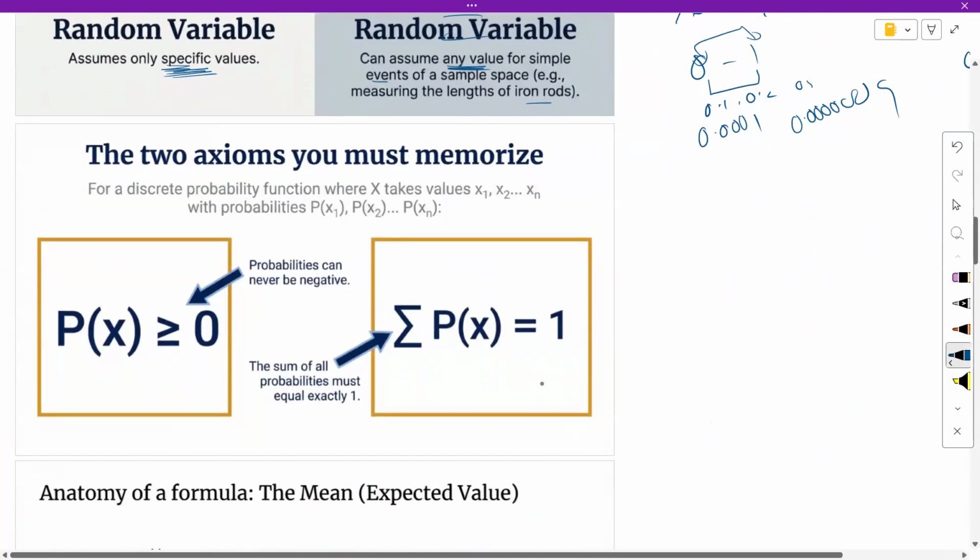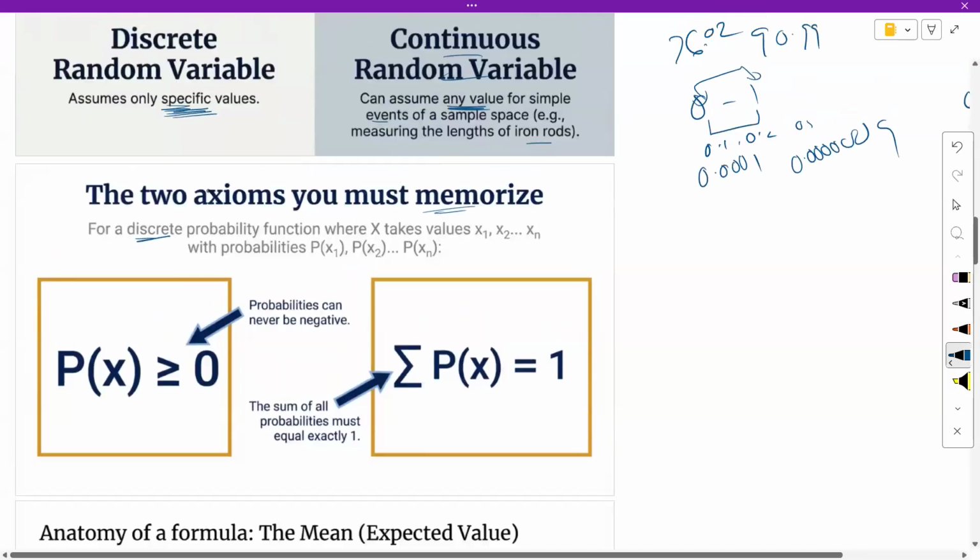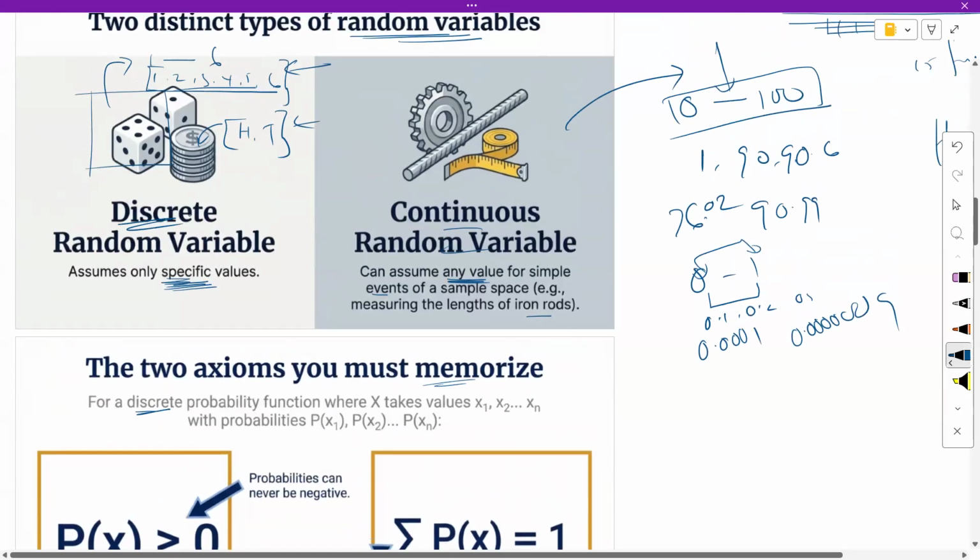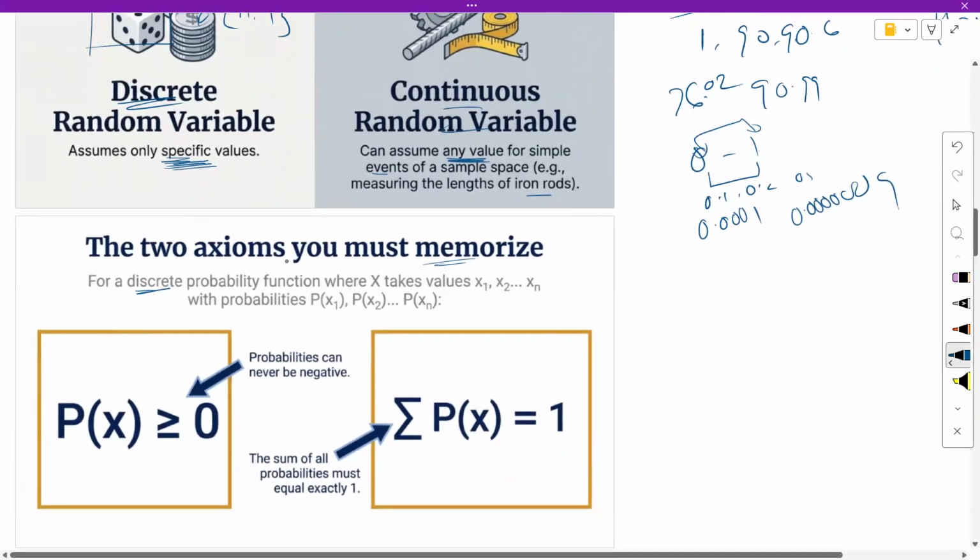And the two axioms you must memorize. Always you should memorize. Don't forget, right? When you are dealing with probability distribution, for a discrete probability function, where x takes values either x1, x2, up to xn.